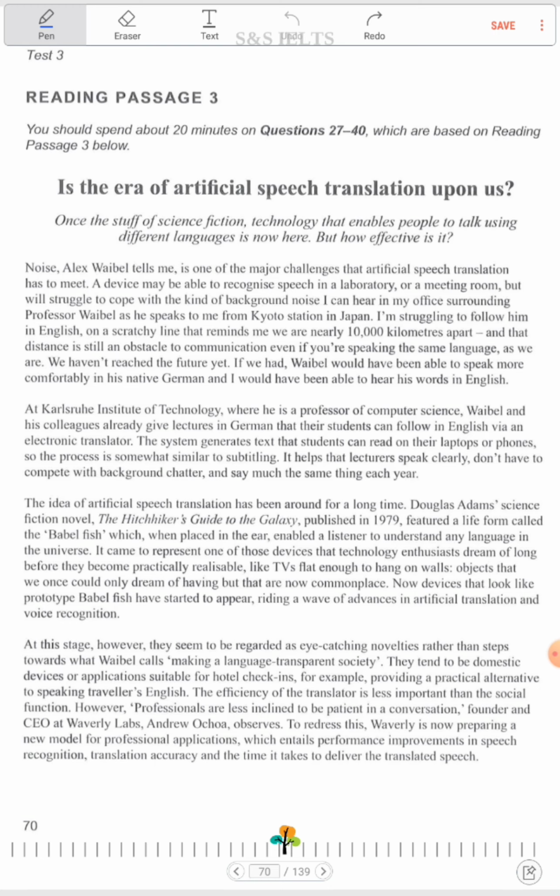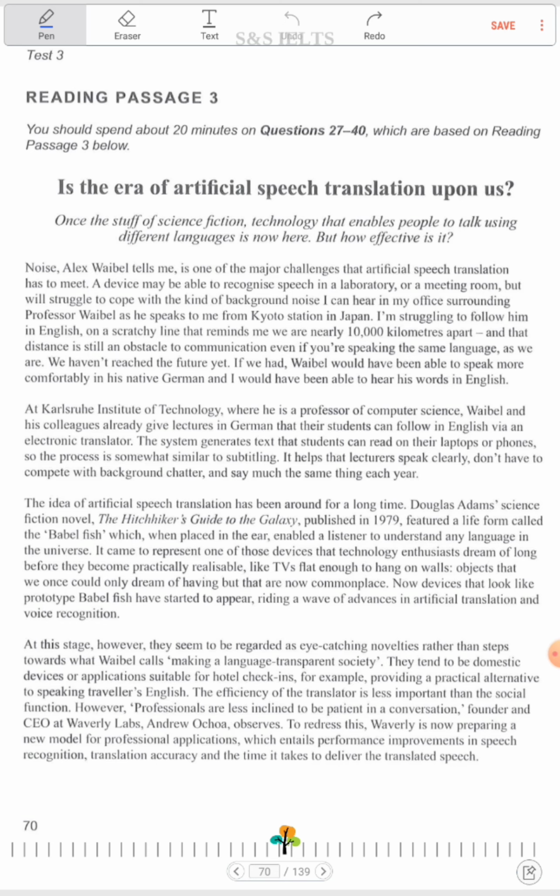Not different languages. Because you can see, even if you're speaking the same language. Maybe on a test day you don't have enough time to reason through this paragraph to elicit what it says, but at least you can see "even if you're speaking the same language as we are." If it says "even if," it means that even if you don't have this problem, you still have an obstacle, okay?